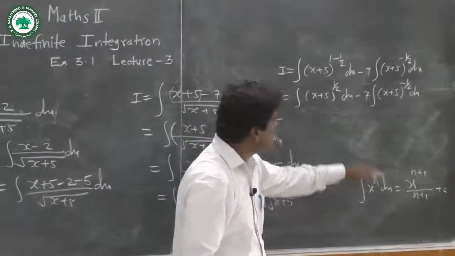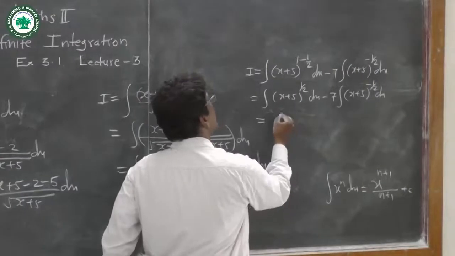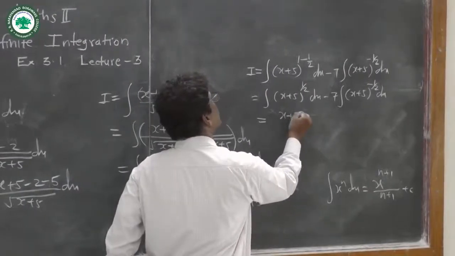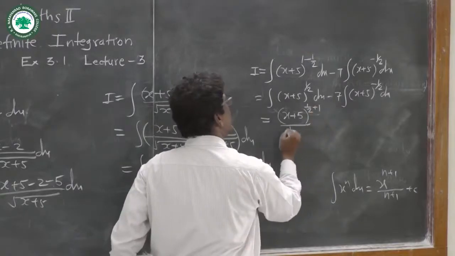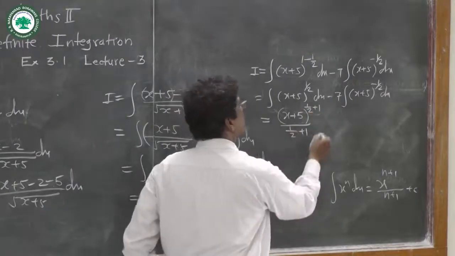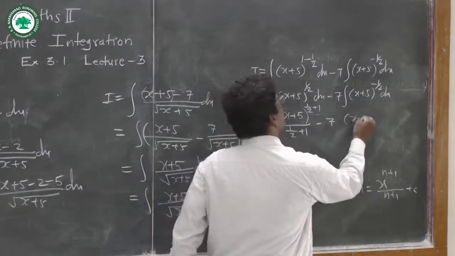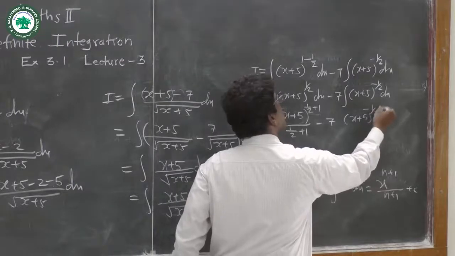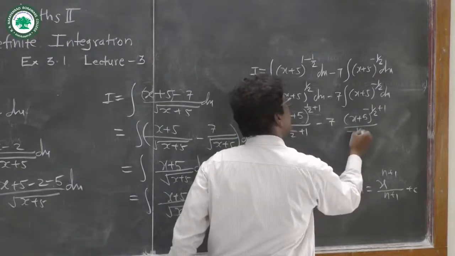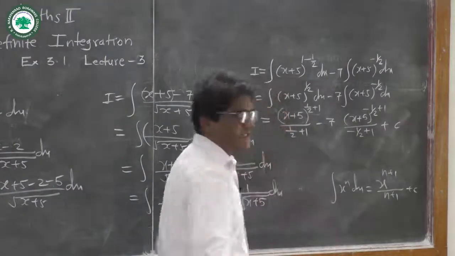Use this formula to solve this problem, and therefore this is equal to x plus 5 to the power 1/2 plus 1 divided by 1/2 plus 1, minus 7 x plus 5 to the power minus 1/2 plus 1 divided by the same number minus 1/2 plus 1, plus the constant of integration.